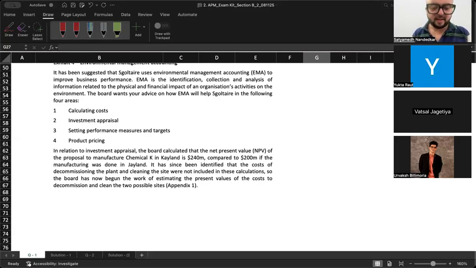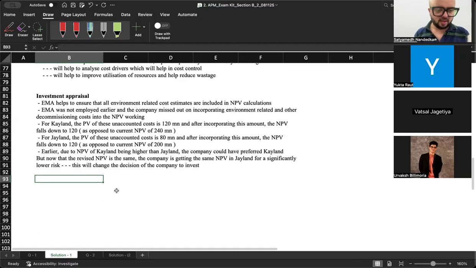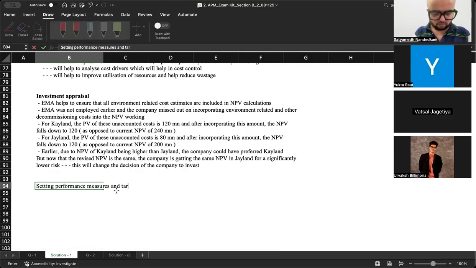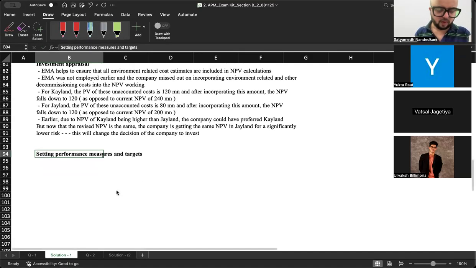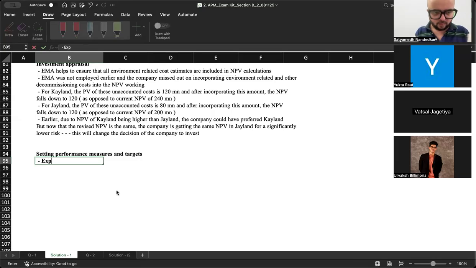Okay, let's write that down. Setting performance measures and targets. What can you say about that? Explain why these targets are important.